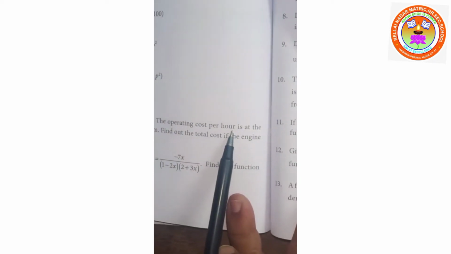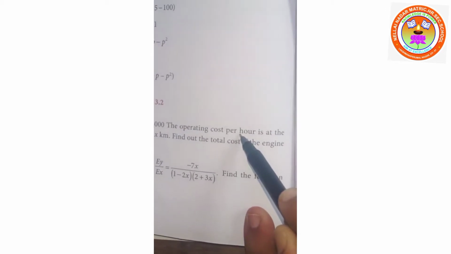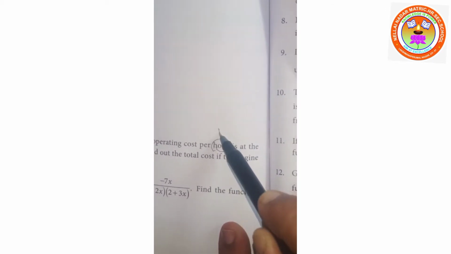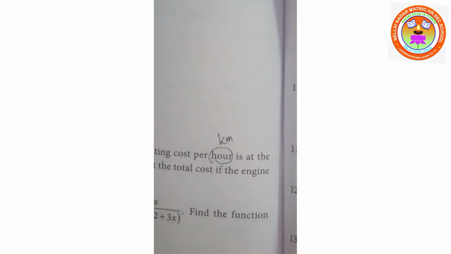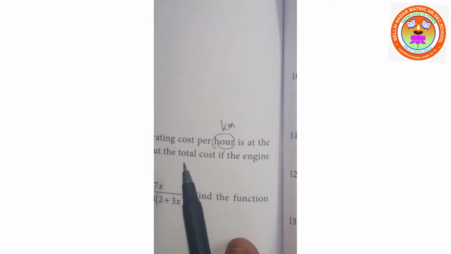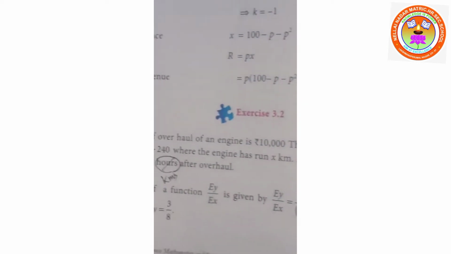So here, cost per hour is given, so dC by dx. Here you have to change the word to kilometer. So the rate of change of C with respect to kilometer is dC by dx.